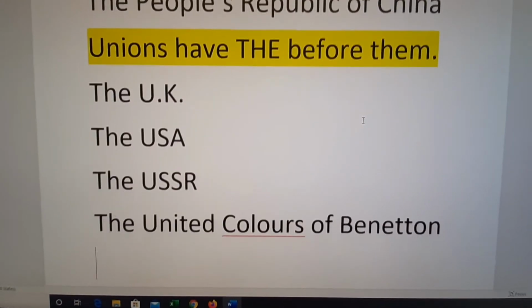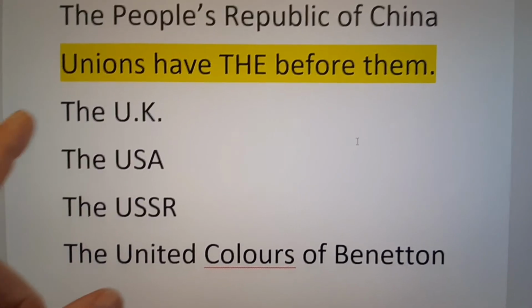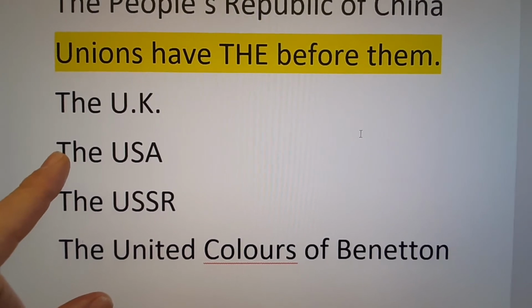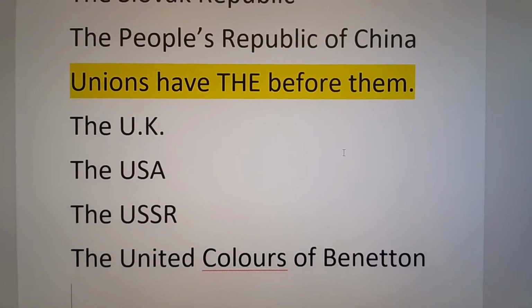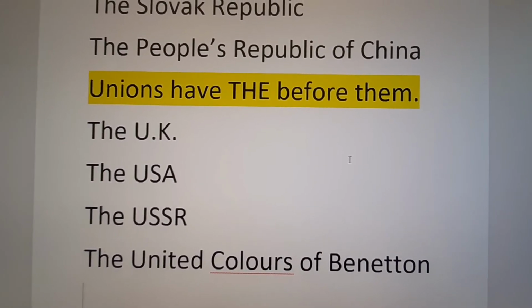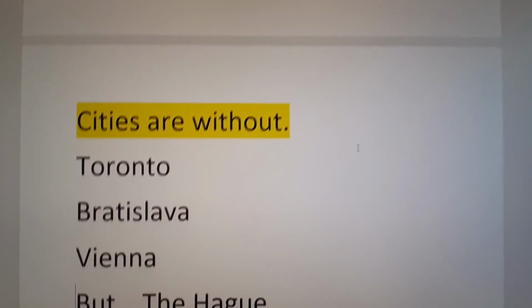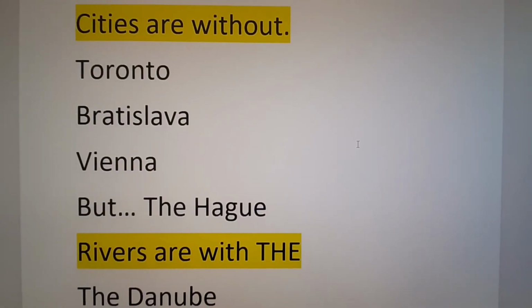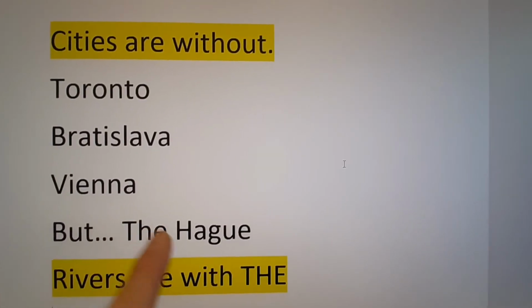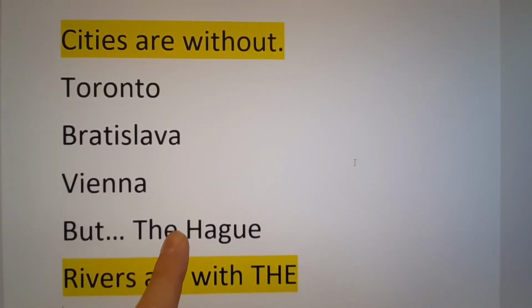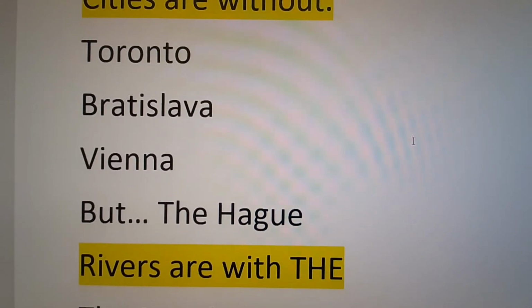Also unions have the before them. Always the UK, the USA, the USSR, the United Colors of Benetton. So any union will have the. Cities are also without. Toronto, Bratislava, Vienna. Again, there is one exception, and I don't know why: The Hague.